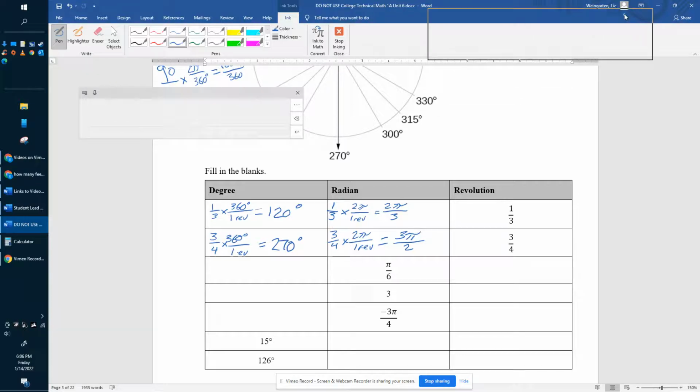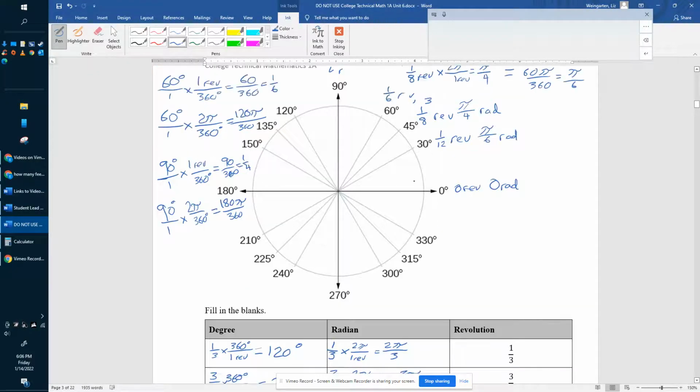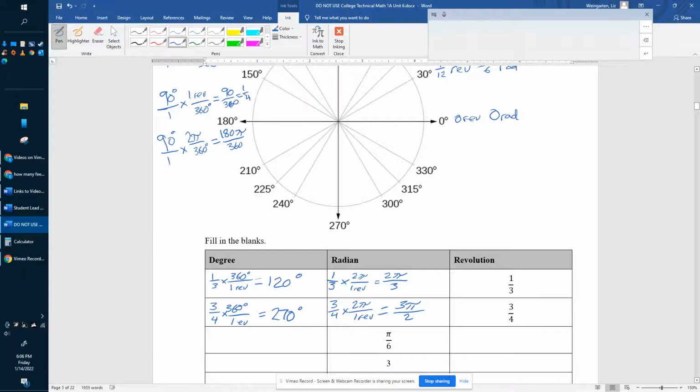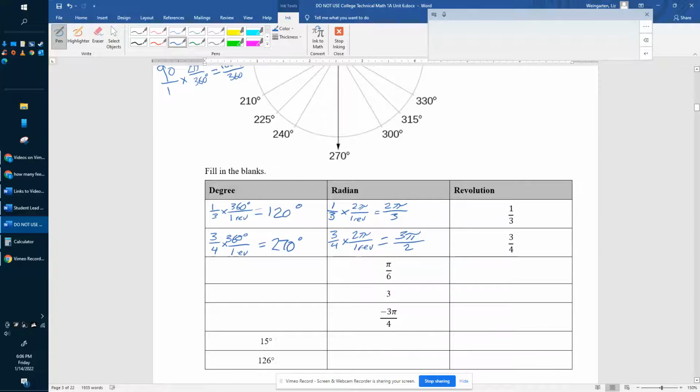Let's see how this matches up with the above so far. So we're traveling 1/3 of the way around the circle. We're at 120 degrees. Does that look like about 1/3 of the circle? Well, it is. So that definitely matches up. How about 3/4? Traveling 3/4 of the way around the circle, we always travel counterclockwise. And yes, that does give us 270 degrees.